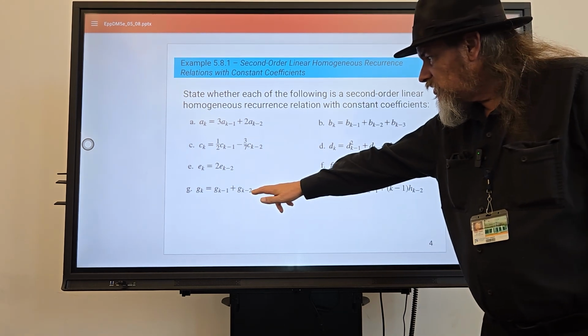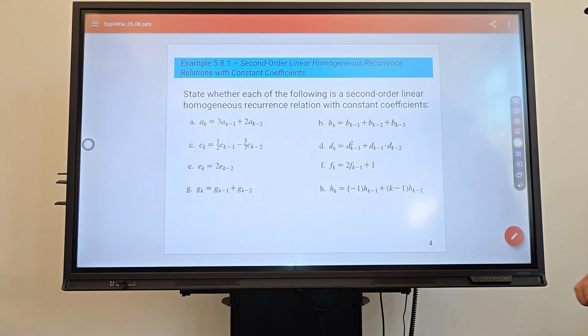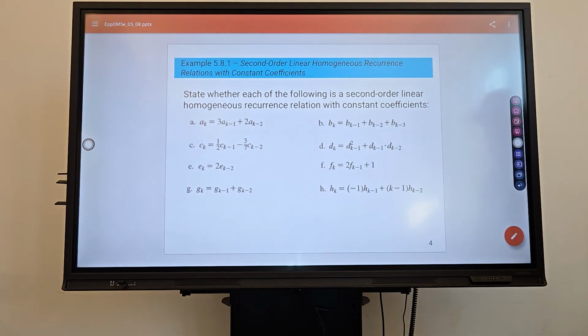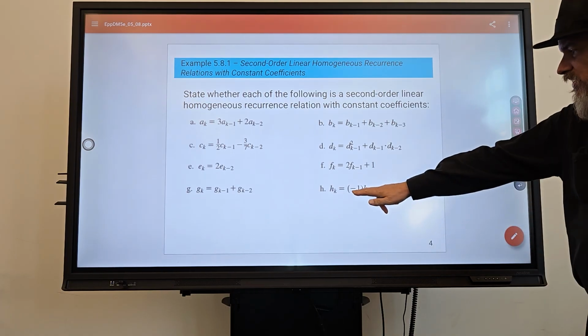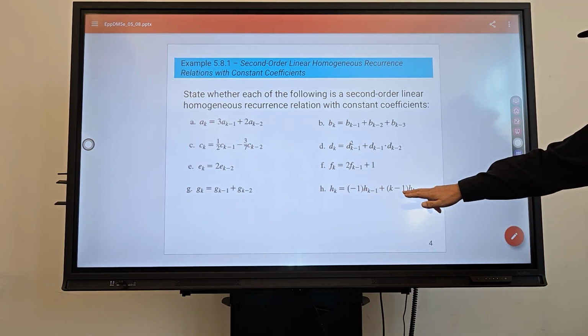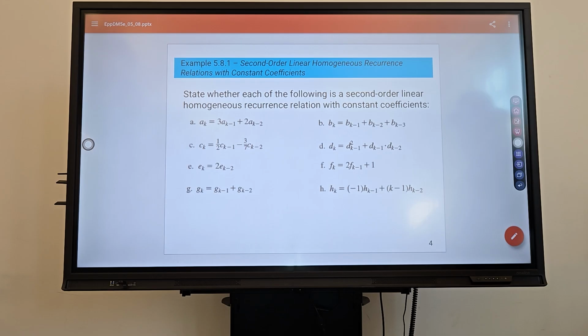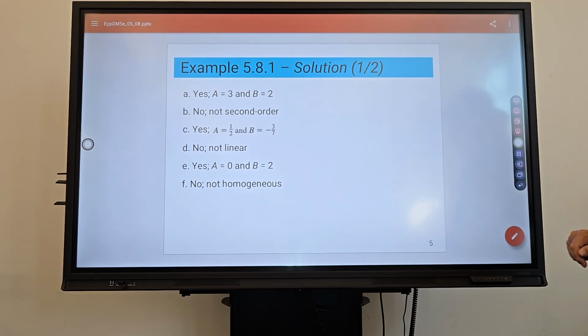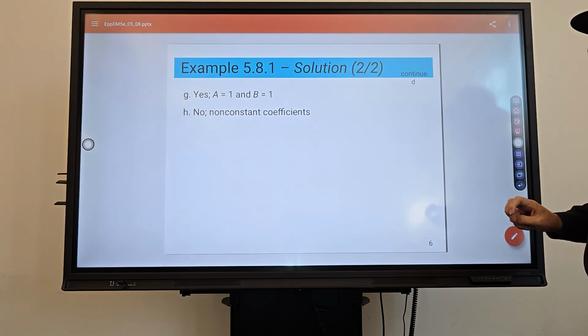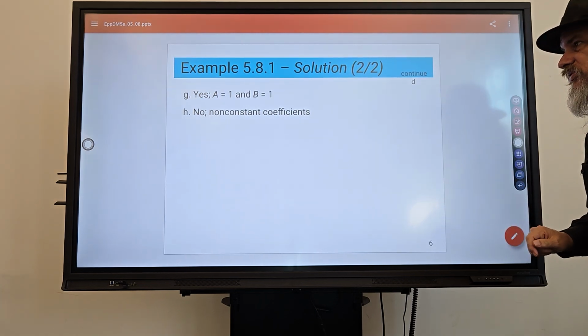This one does, so that one is a second order linear relation. This one is not because the coefficient is not constant. B is not a constant value. So yes, no, yes, no, yes, no, and yes and no.